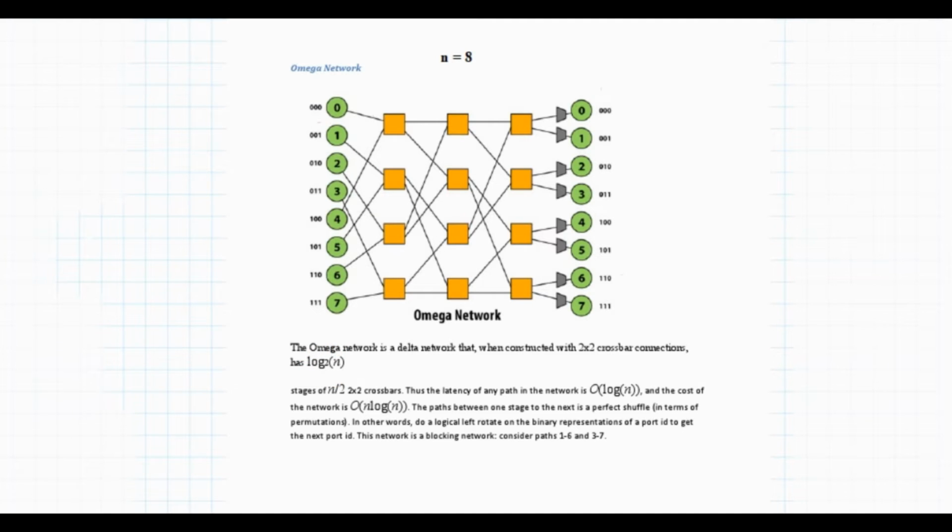So how to apply that? Let the number of stages for our example go like this. Let's get it right here.